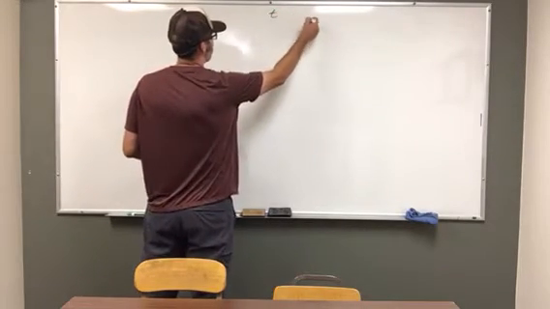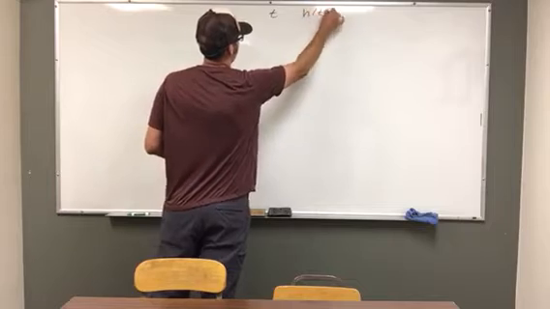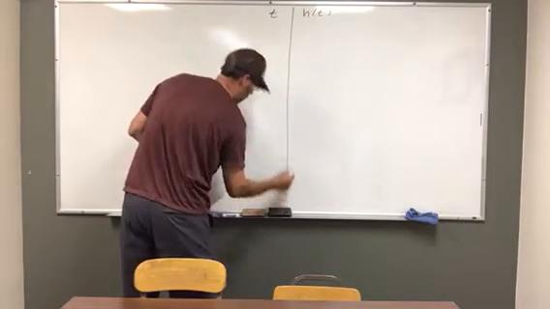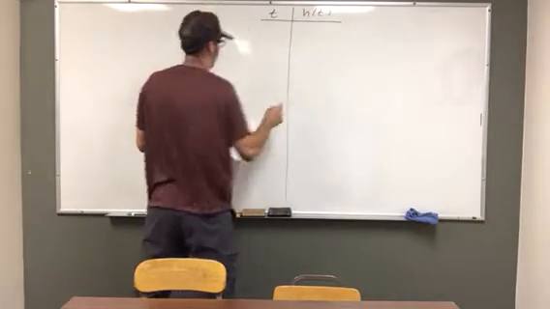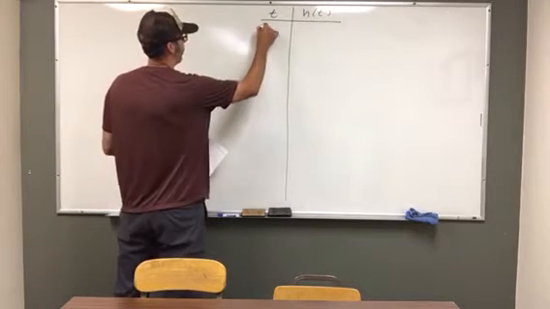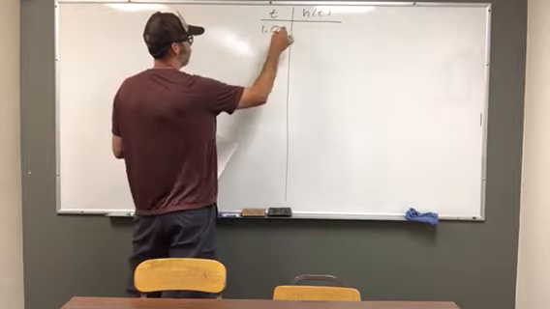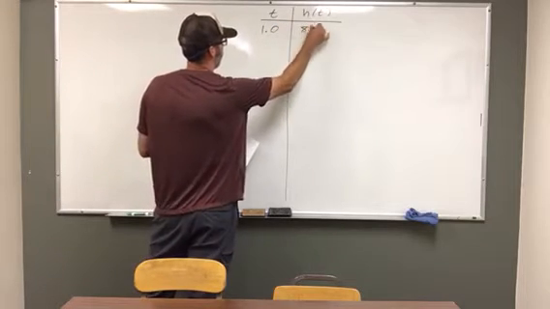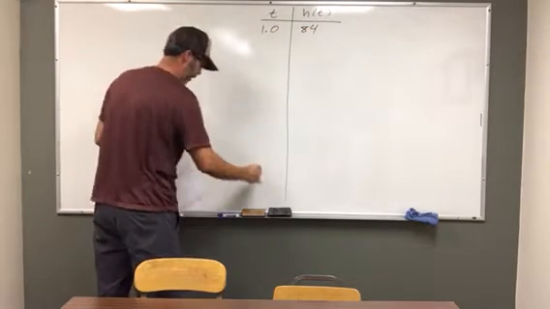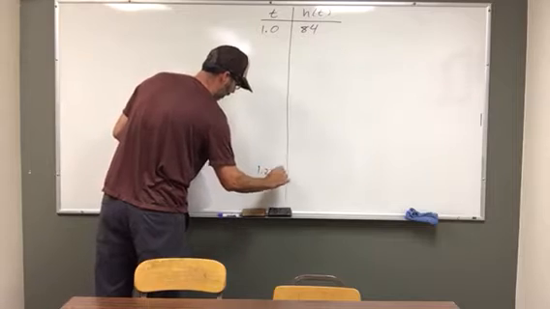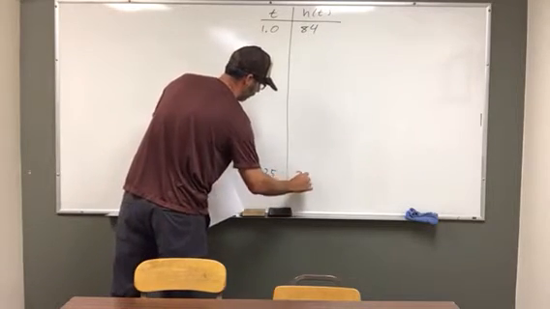Let's say we got t, h of t. Okay, so we're told that in the data h of 1.0 is 84, and h of 1.25 is 75.